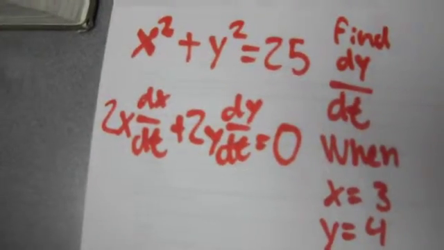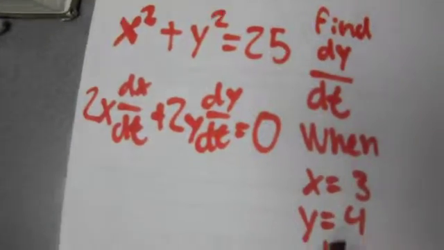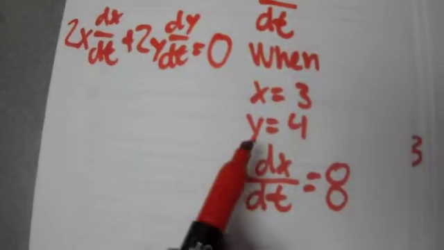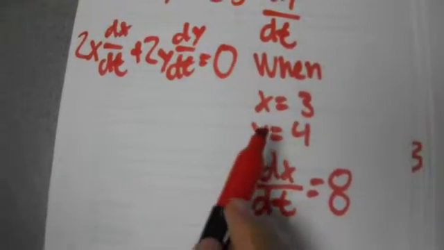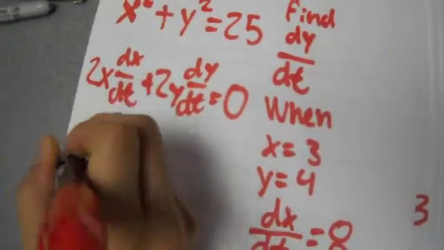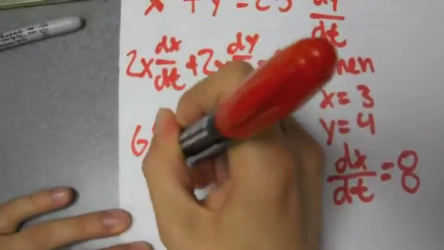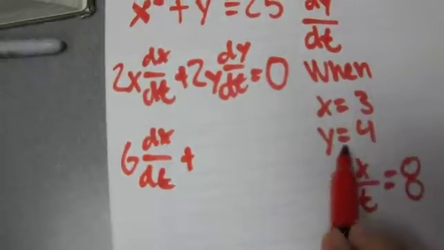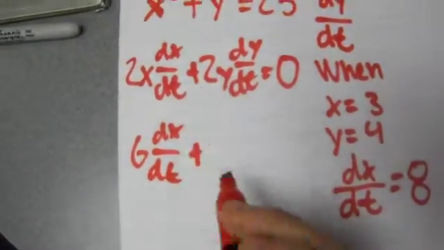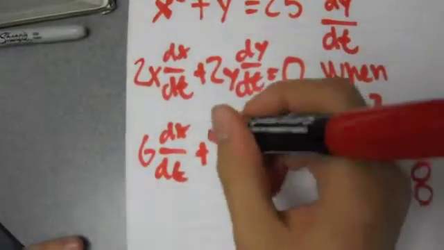Now the next thing we have to do is plug in all the values that are given. For example, x equals 3, so it's going to be 2 times 3, that's 6, dx over dt. And y equals 4, so 4 times 2 equals 8.